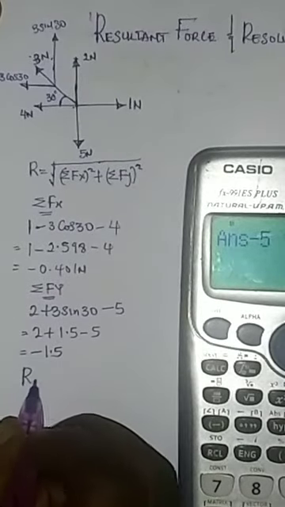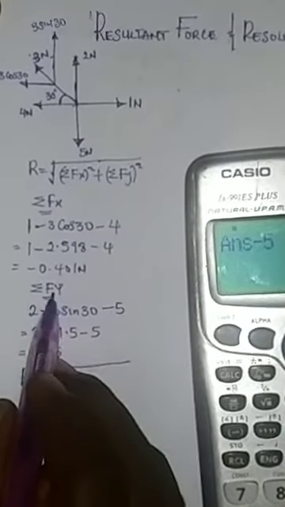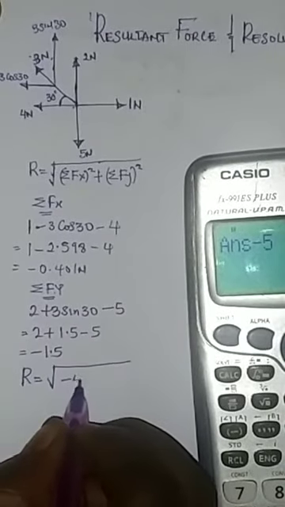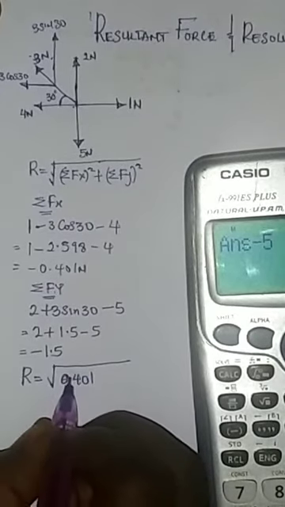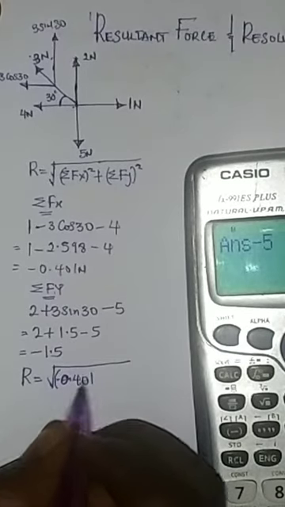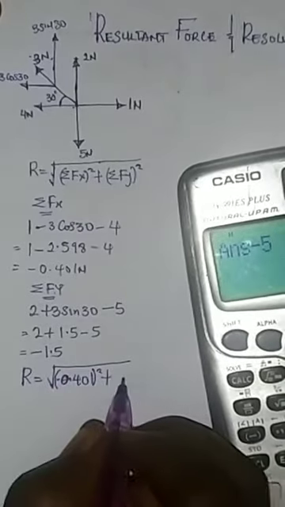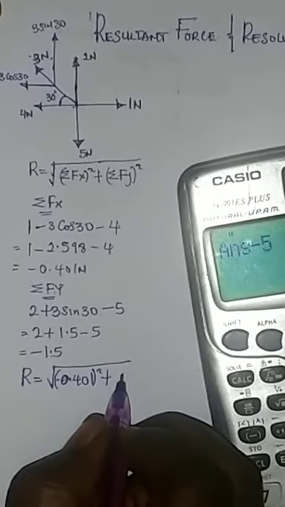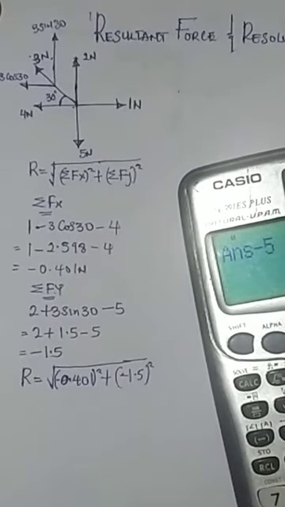Your resultant force then will now be the square root of f of x, which is minus 0.401, all square, plus f of y, which is minus 1.5, all square, right?